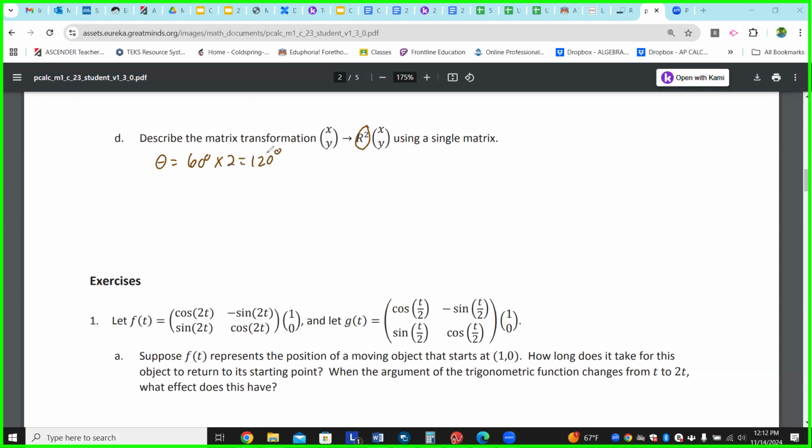120. So instead of having to multiply and then multiply again, I could just start by simply saying, hey, what's cosine of 120 degrees? Rather than having to do cosine of 60 and then cosine of 60 again. And then this becomes the negative sine of 120.